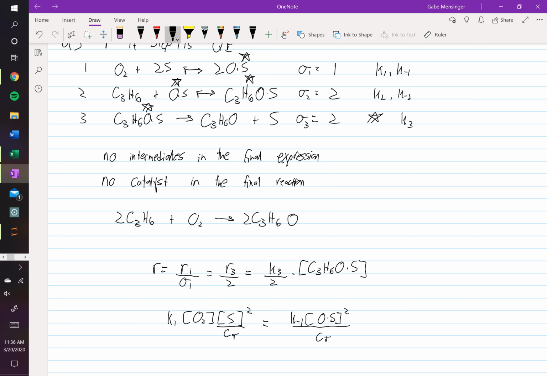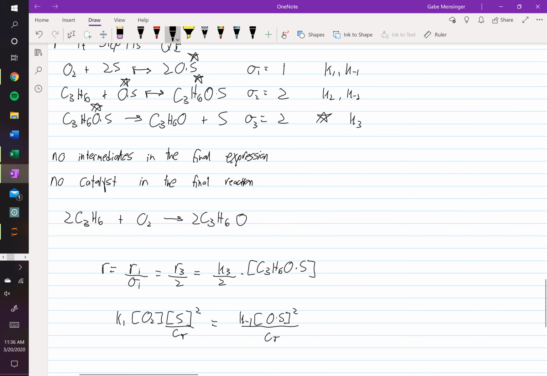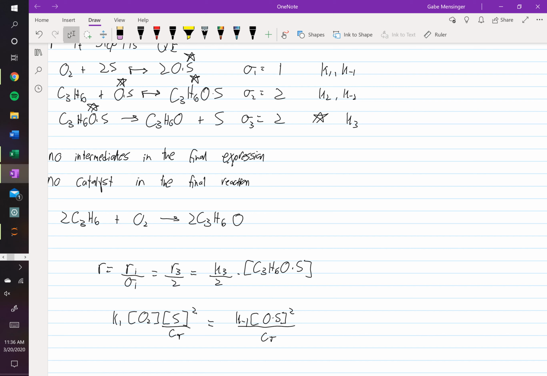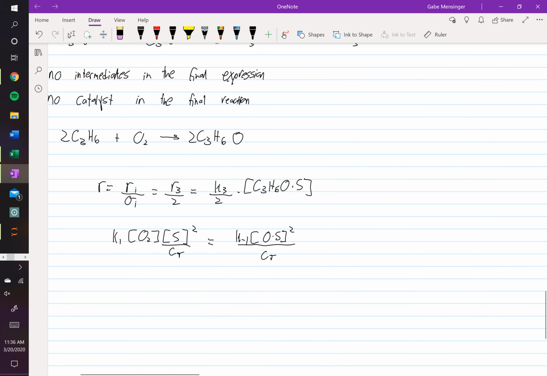And the CT comes in, it has to do with the probability of species being on the surface. A general rule of remembering it is that the power of CT is 1 less than the power in the numerator. So in this case, on the right side, we have OS squared, so we want CT to the power of 1.